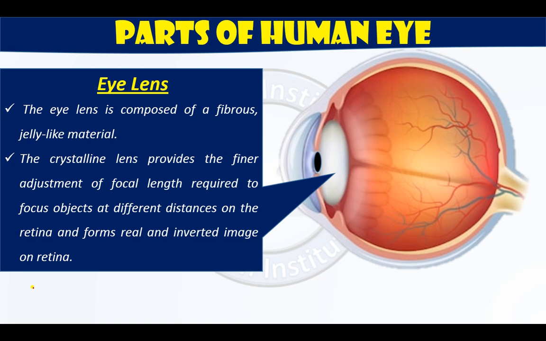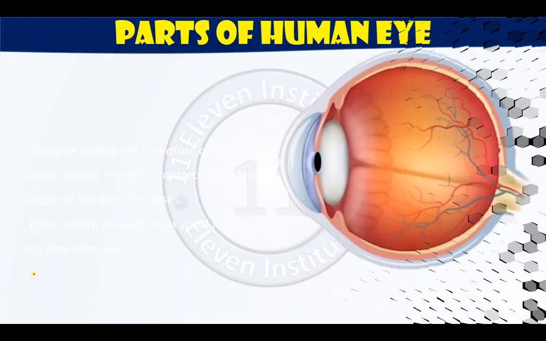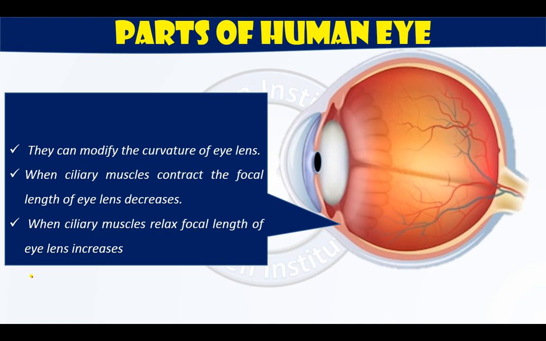Let us move ahead. Ciliary muscles. Now, in the previous slide, we have seen that the eye lens can increase its focal length and also decrease its focal length in order to get a perfect image over here.